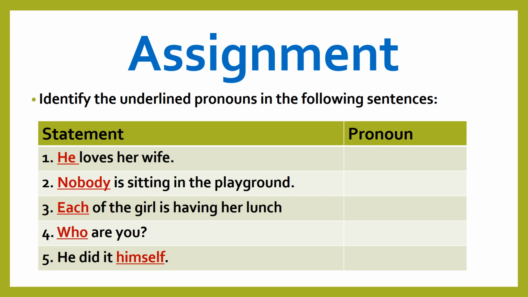So what is the pronoun he used here? Nobody is sitting in the playground. What is the word nobody used here as a pronoun? Each of the girls is having her lunch. You will identify this pronoun and write its name. Who are you? You will identify the pronouns you, who here, and he did it himself.